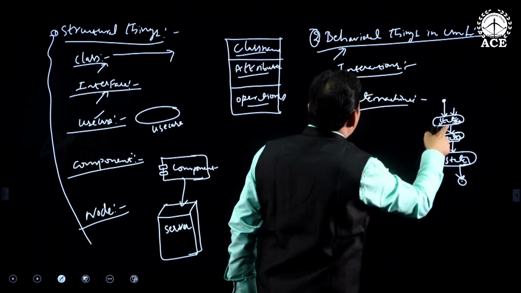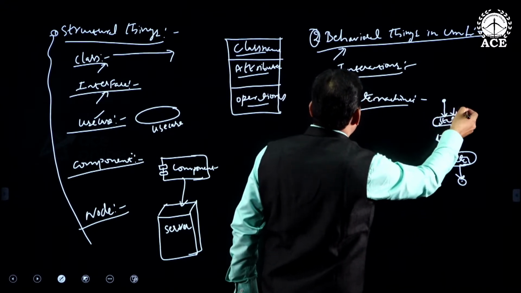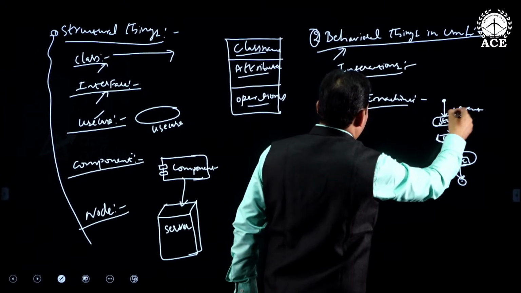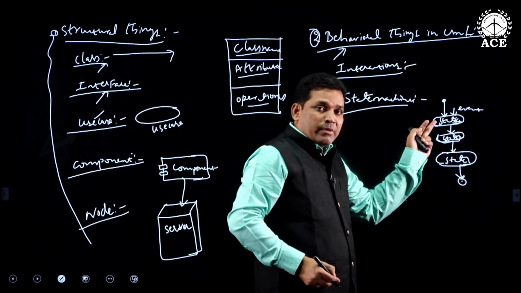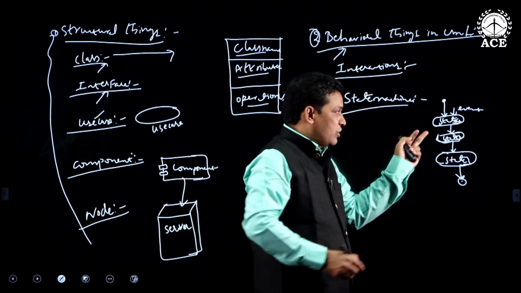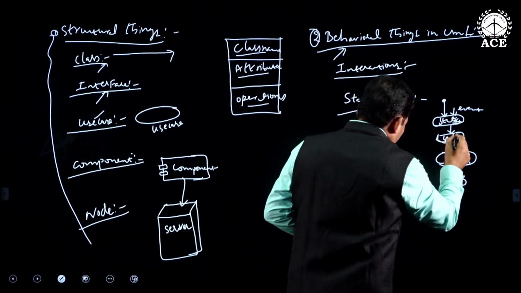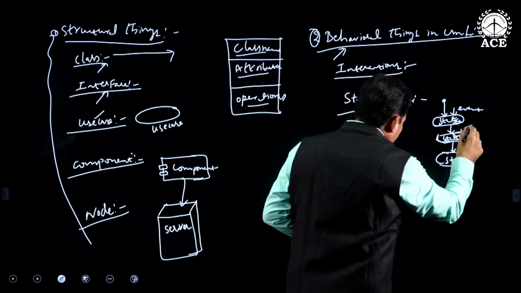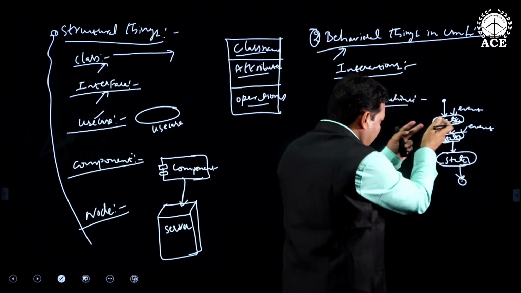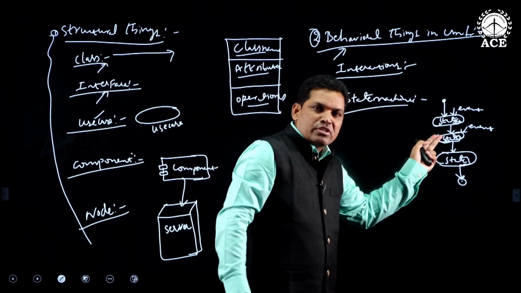When some event occurs at state 1, some operation is performed and some condition is satisfied, and that's why a transition is triggered from state 1 to state 2. Now the object at state 2, again some event has occurred, and because of the occurrence of the event, some operation has been performed, meaning the condition has been satisfied.